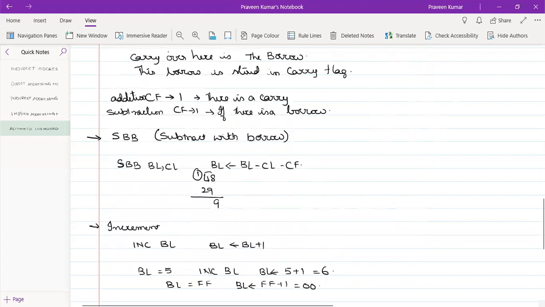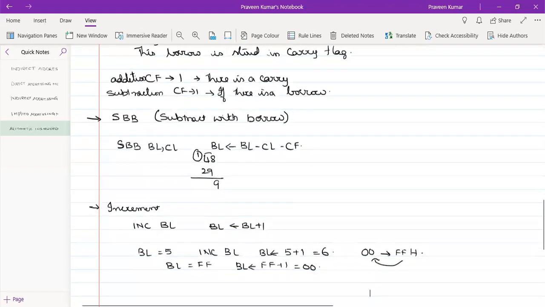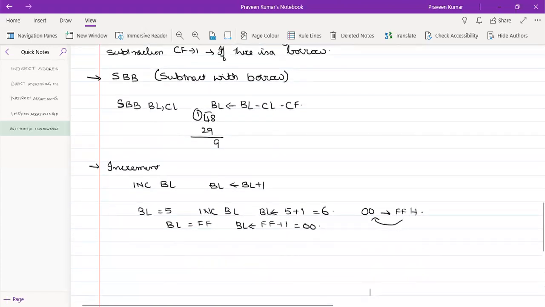Any 8-bit value starts from 00 and goes all the way to FFH, and after reaching FF, it will roll back to 00. So this is the increment instruction.